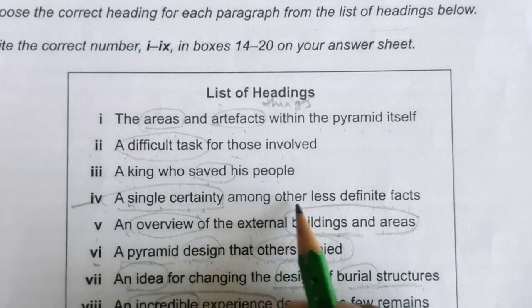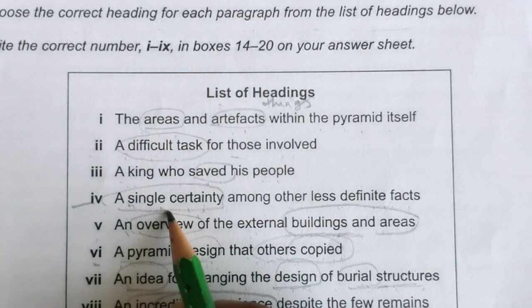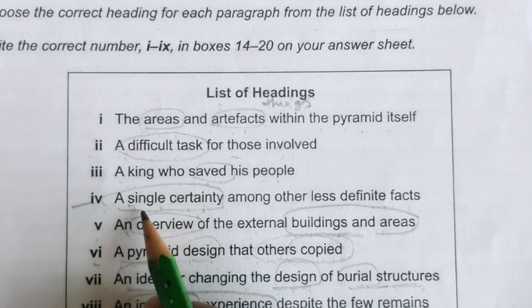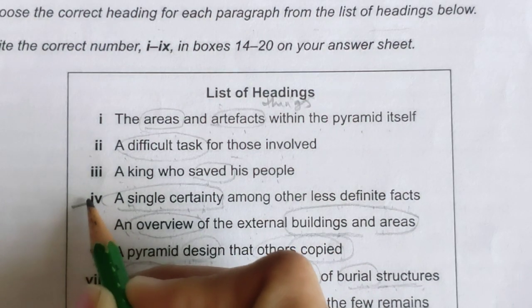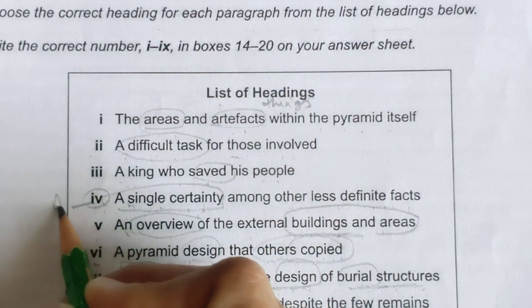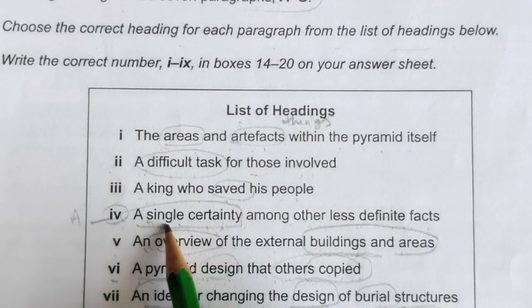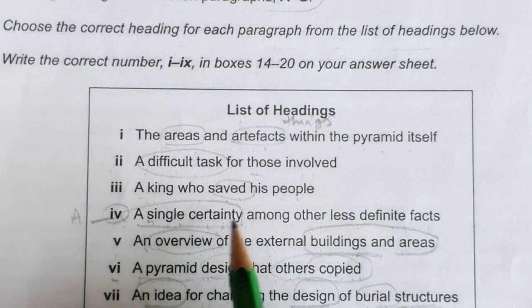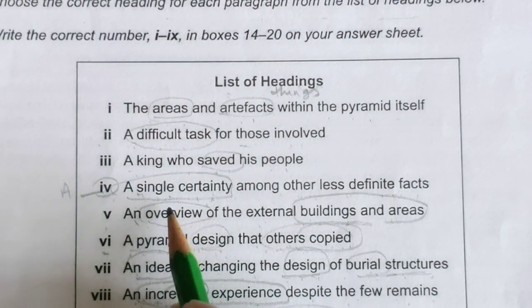They are saying among other less definite facts. So this is the fact they are talking about, that Egypt is stable. So I can just write here A. So fourth I will be writing it here. Of course I know this is a difficult one, don't worry. When you practice, you can learn how to do it.